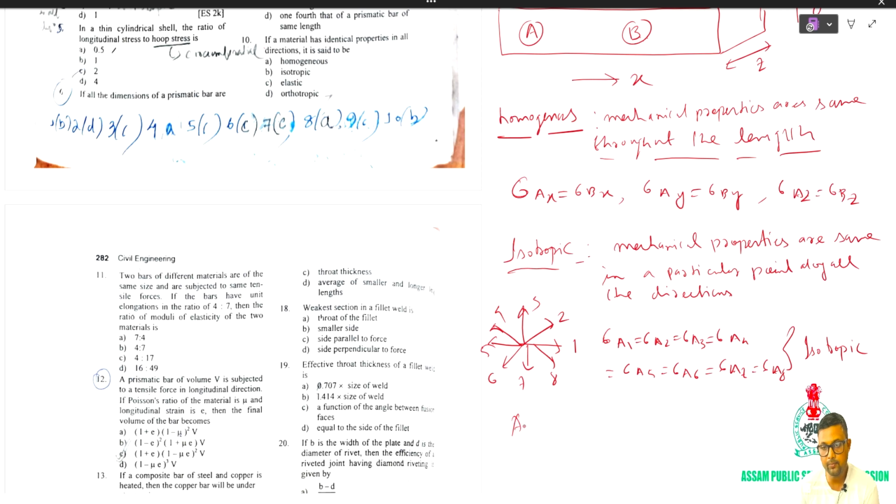Now, what is anisotropic? This is the opposite of isotropic. Iso means same. So anisotropic is the opposite.